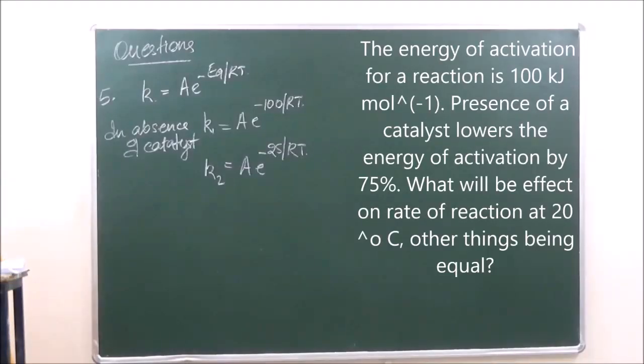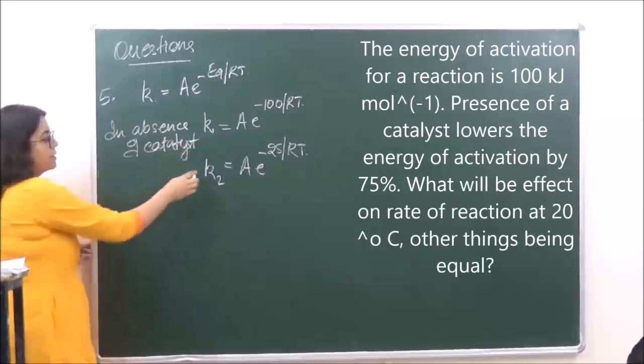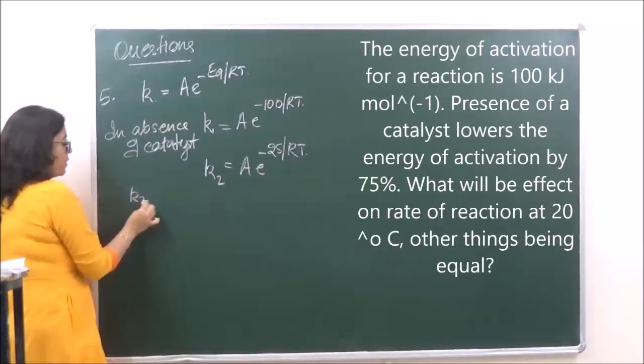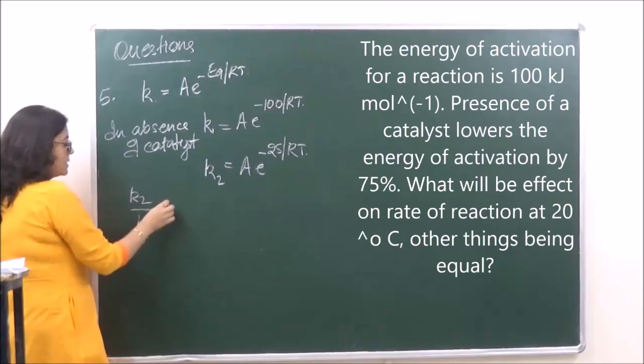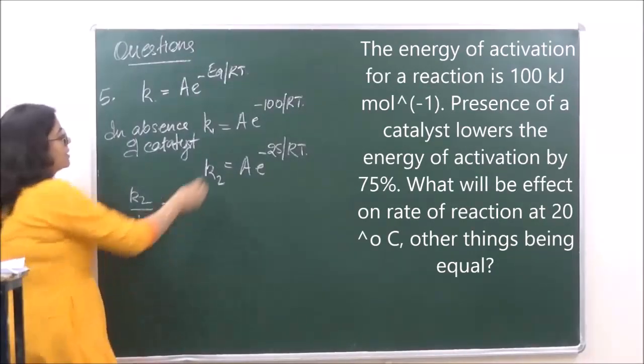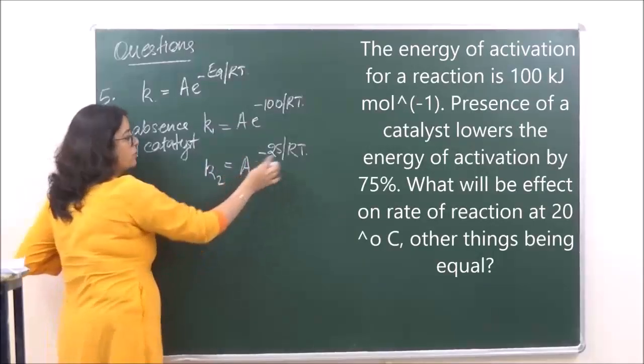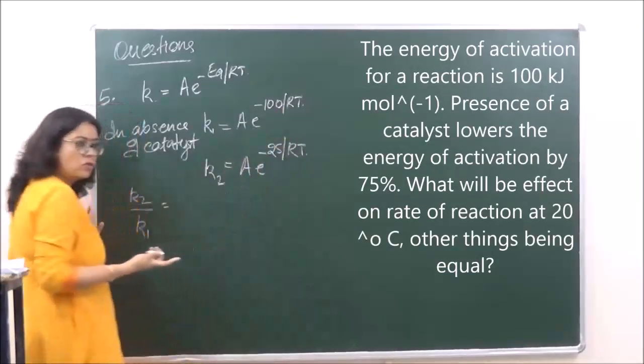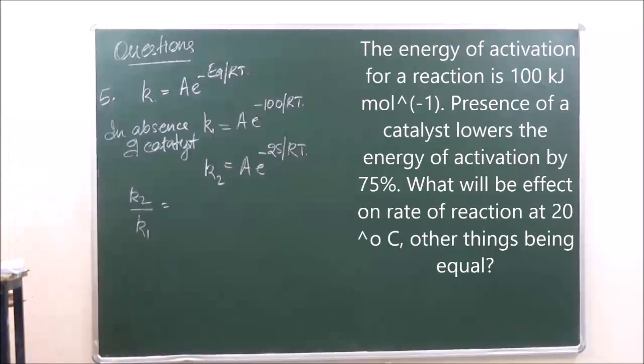Now in this case, let's take the ratio of both. Then what will we get? If we are comparing this and this, and we are going to take the ratio of both, let's say we are taking K2 upon K1. Now this is same, so this is going to cancel. This is also same, so this is also going to cancel. Exponents are only going to be left over here. So K2 upon K1 can be written as what?